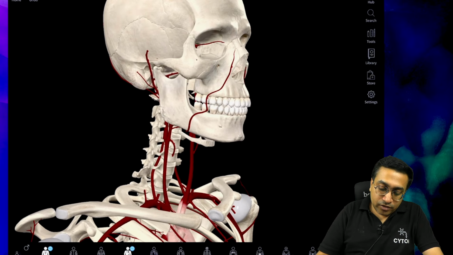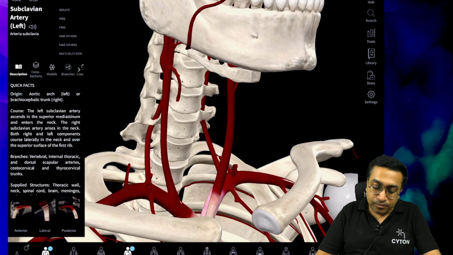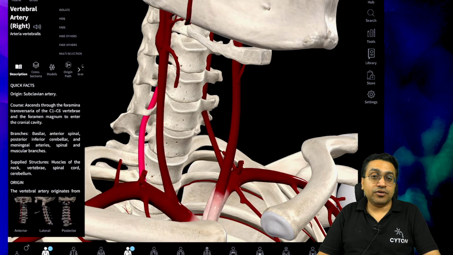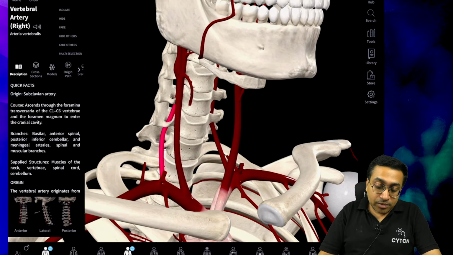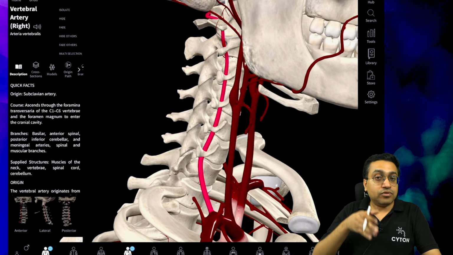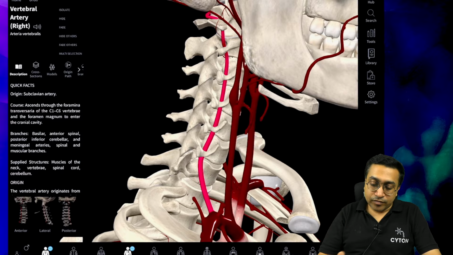And another vessel which you can see very clearly here, that is the vertebral artery. Now vertebral artery and the common carotid, they both are the major supply, the only major supply to the head and neck region. Okay, this vertebral artery is running inside the foramen transversaria of the cervical vertebrae, that we will discuss eventually in detail in head and neck region.